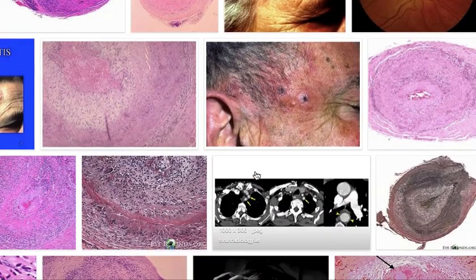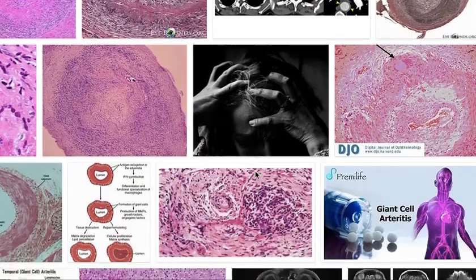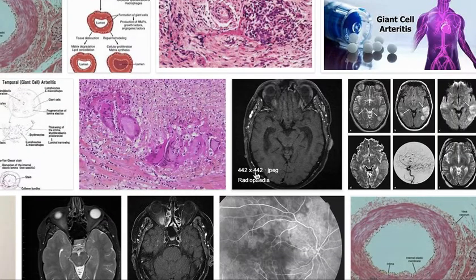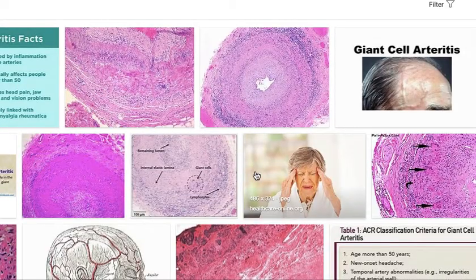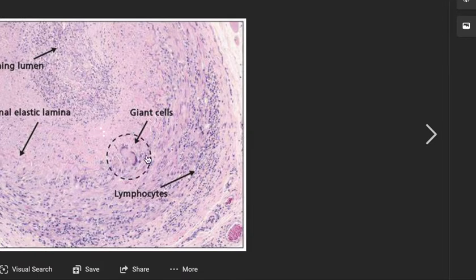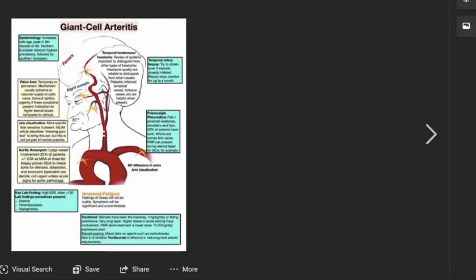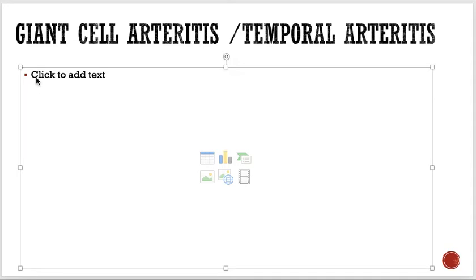I always show you this just to make you remember things. And here they are showing you that giant cells are present and lymphocytes are present. A very good photograph, but leave it. I'm going to talk about this condition.